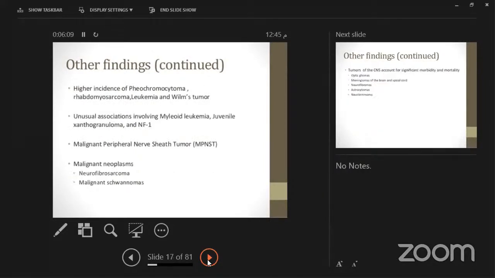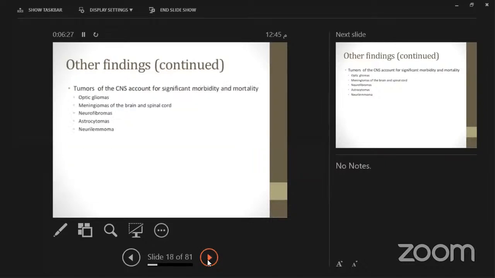There is also a higher incidence of pheochromocytoma in patients with neurofibromatosis type 1, and unusual associations including myeloid leukemia, juvenile xanthogranuloma, and malignant peripheral nerve sheath tumors, malignant neoplasms that arise in these patients, such as neurofibrosarcoma and malignant schwannoma. Tumors of the central nervous system account for significant morbidity and mortality in neurofibromatosis type 1: optic glioma, meningioma affecting the brain and spinal cord, neurofibroma, astrocytoma, and neurolemmoma.